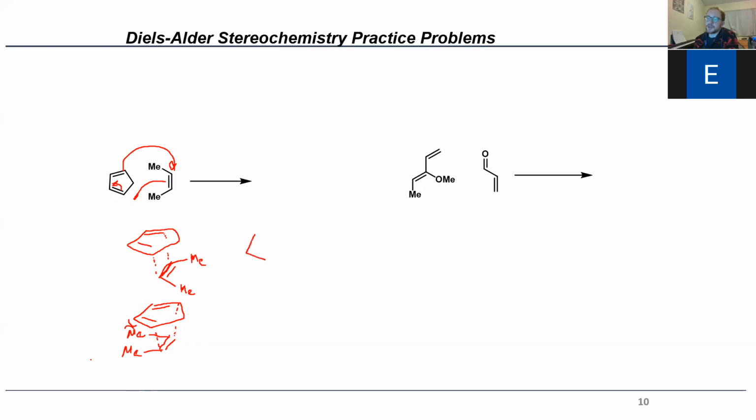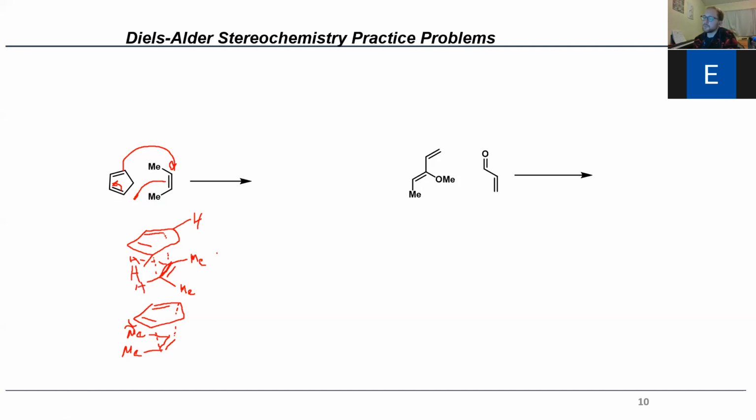And so what I do to come up with the stereochemical outcome is I just redraw the transition state. I'm going to draw in the hydrogens explicitly here. I just redraw the transition state with the bonds formed.